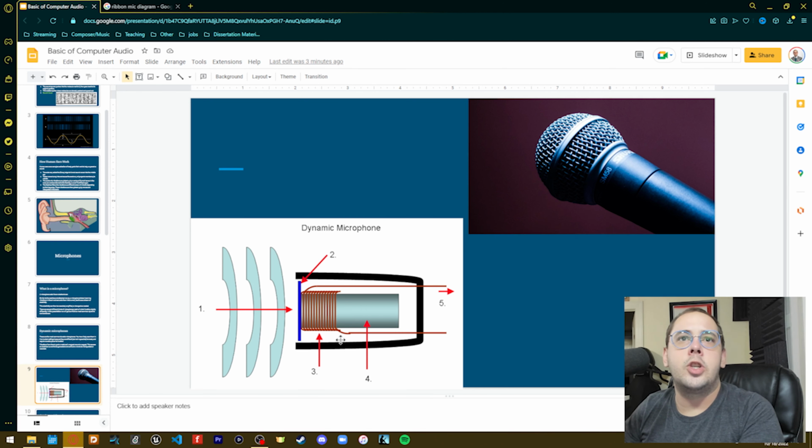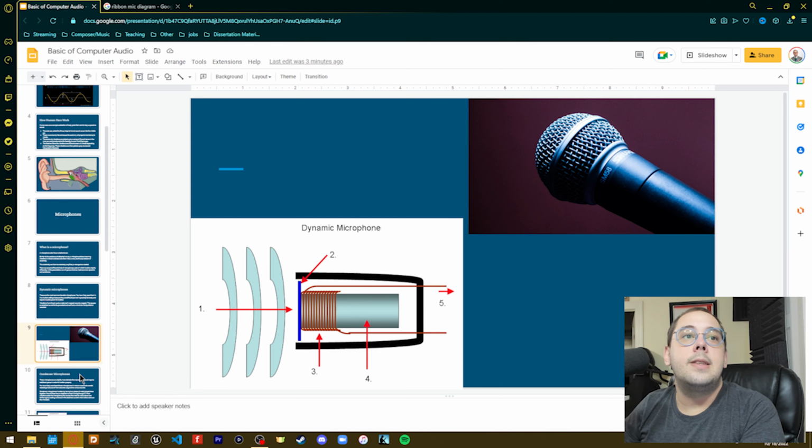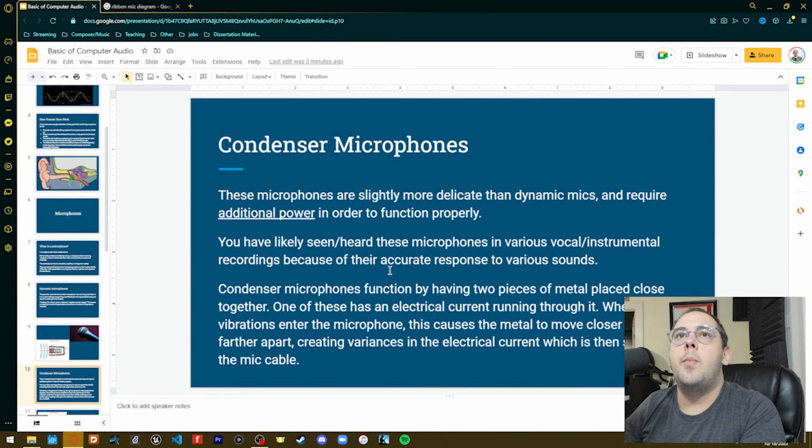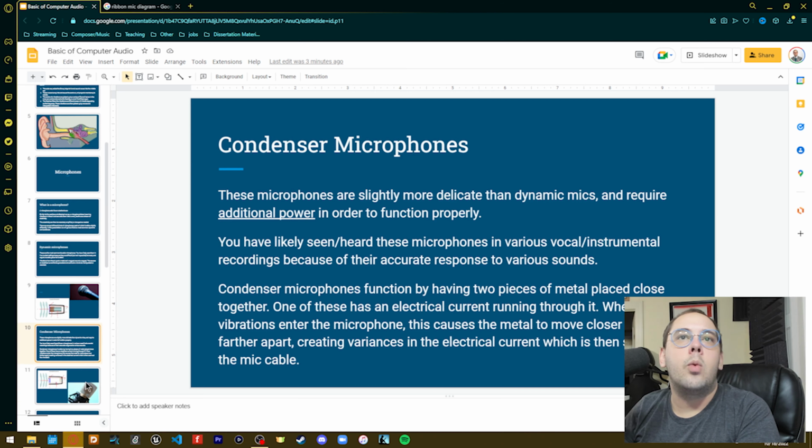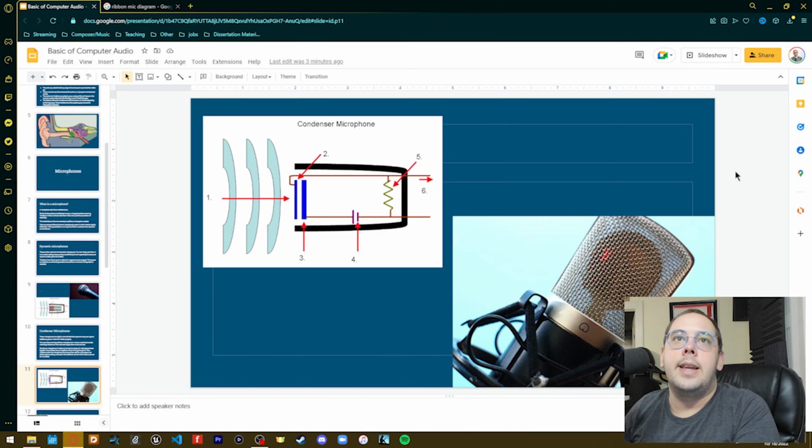They all function in subtle variations of this, and they have varying form factors because this is pretty small. This is drastically different from a condenser microphone. These tend to be a little bit more delicate because of the components involved, and these require additional electricity in order to work. The way that they work is like so.